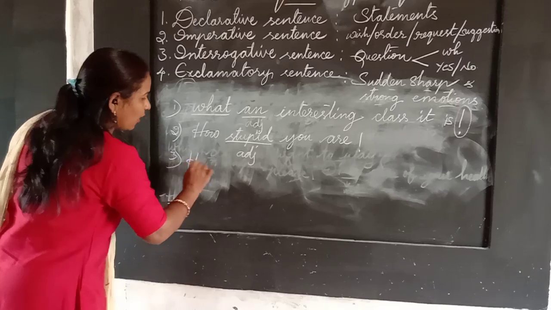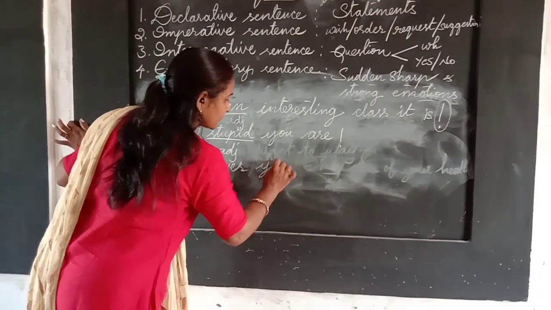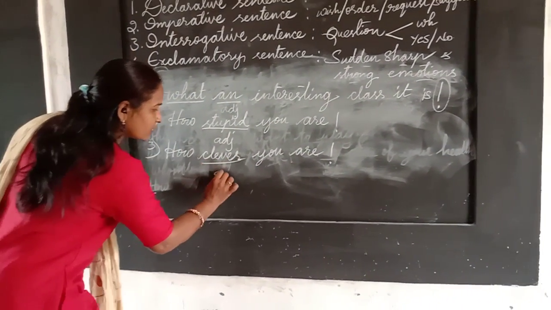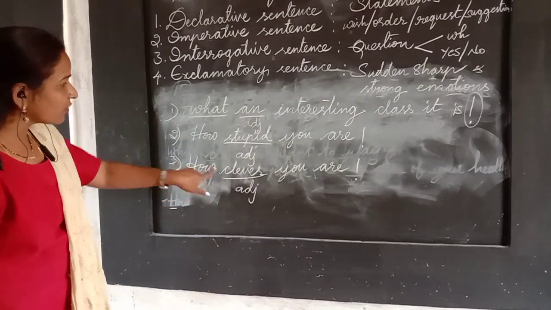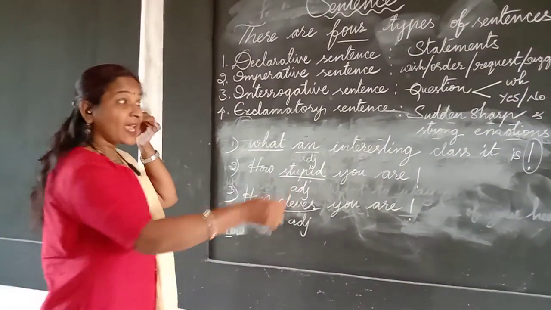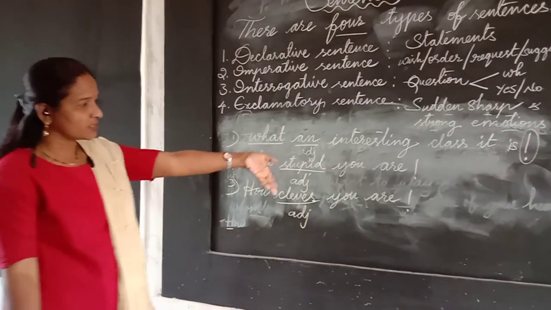If I say, how clever you are, clever is also an adjective. Whenever you have a WH word followed by an adjective, that is an exclamatory sentence, and it ends with an exclamatory mark. So here you have some examples.